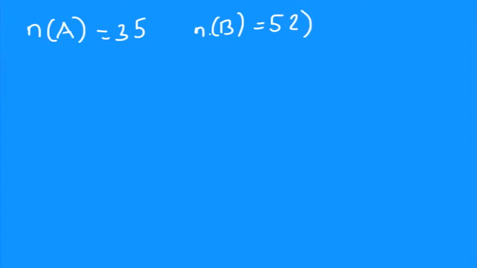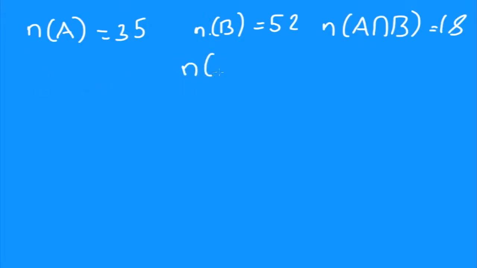Number of B, right? And the number of A and B, n(A ∩ B), is equal to 18. And you want to find n(A ∪ B).